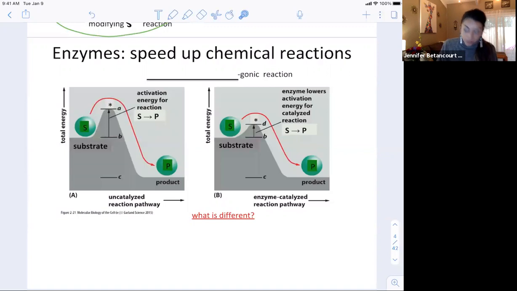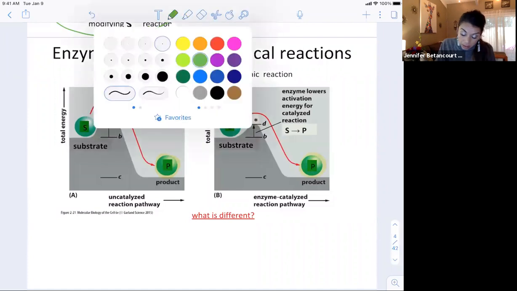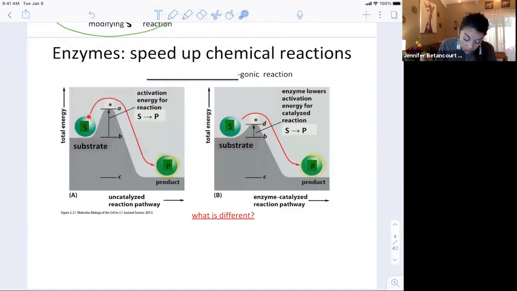Here's your substrate. The cell needs a certain product. Maybe we're going to highlight this a different color. The cell needs a yellowish ball, not a green ball. And so the cell's like, yo, enzymes, I need you to make that green ball. And the enzyme's like, I can't. If that was the case, in order for the substrate to reach its transition state, you're changing it.